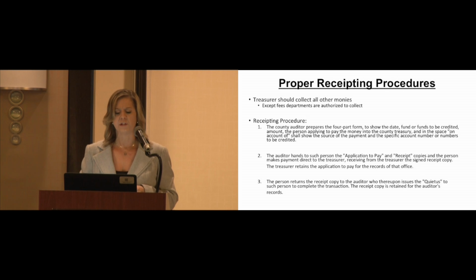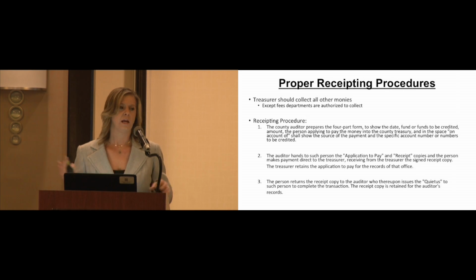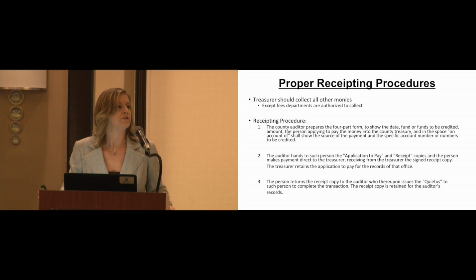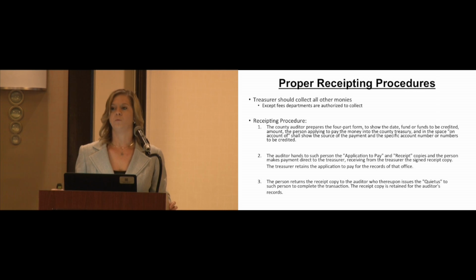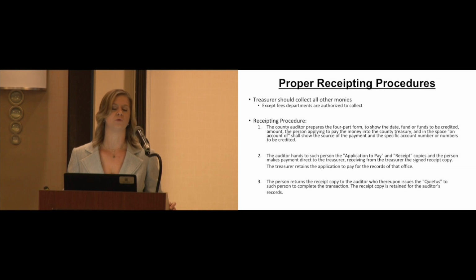The receipting procedures, the county auditor prepares, and this is where we're getting a lot of the questions. This description here about the 4-part form, it's the prescribed form we have in place right now. And as we say with any other form, you are able to use alternate forms that provide the same information. You put them in use, then when we come out to audit, you let them know you're using a non-prescribed form.